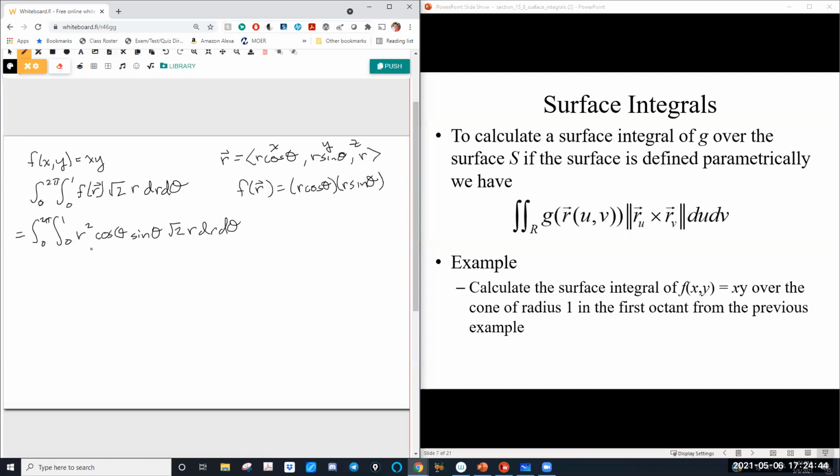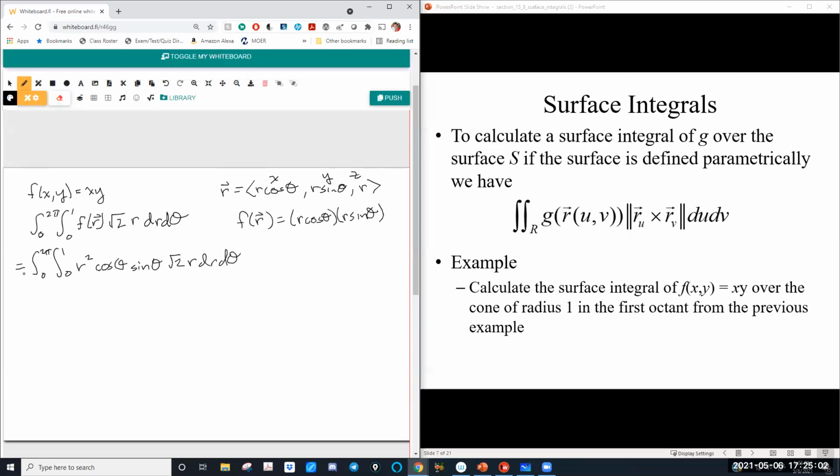Now again, we would multiply those r's together and do our integral in terms of r. If you're doing it by hand, for cosine theta times sine theta, we use a quick little u substitution: let u be sine theta, then du is cosine theta d theta.